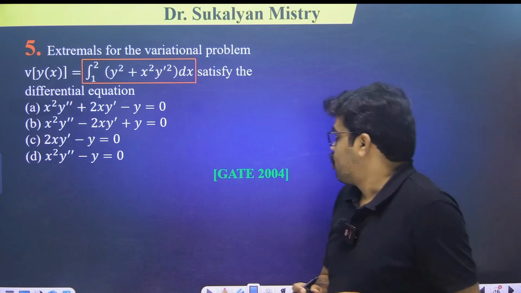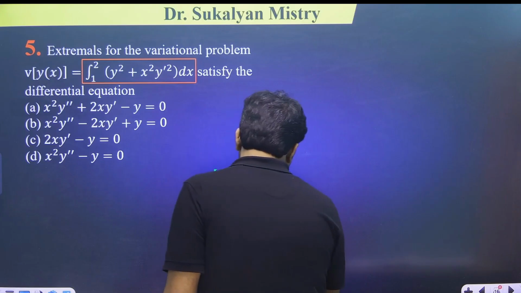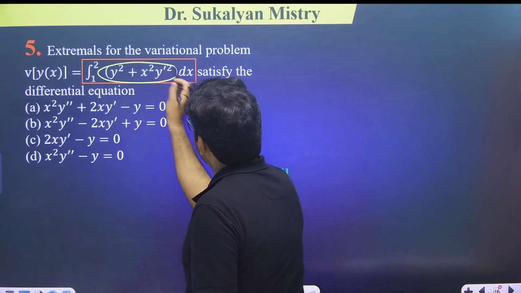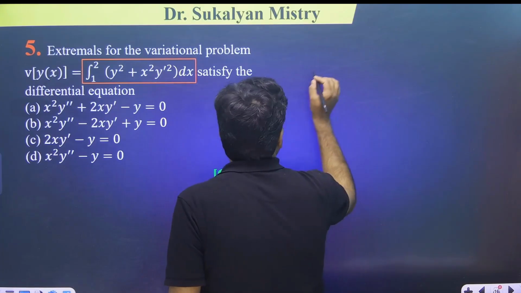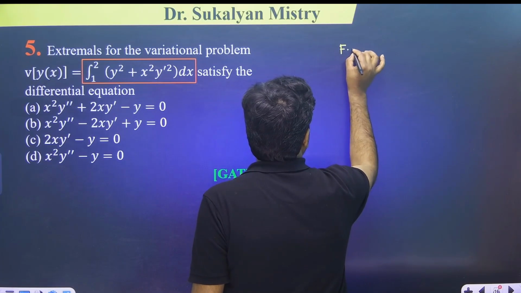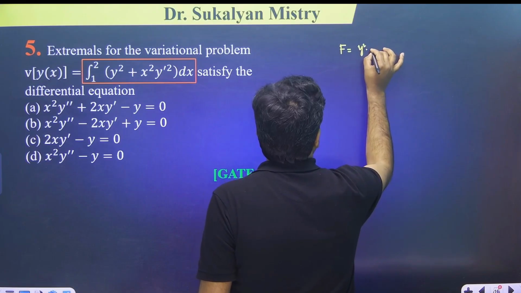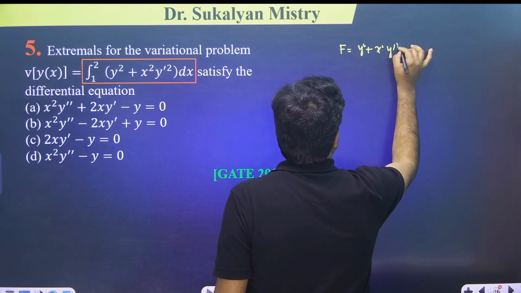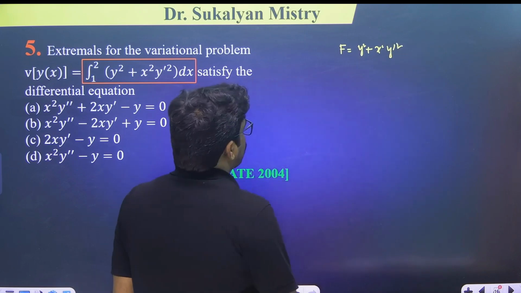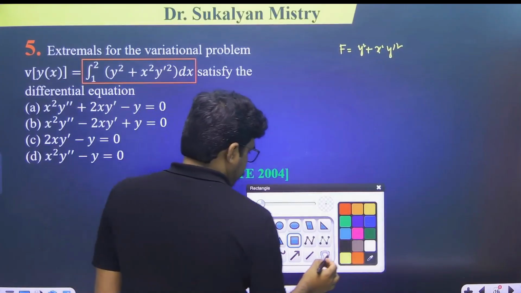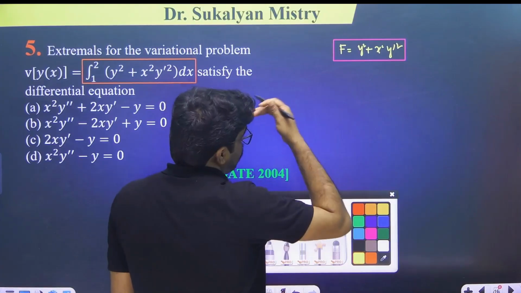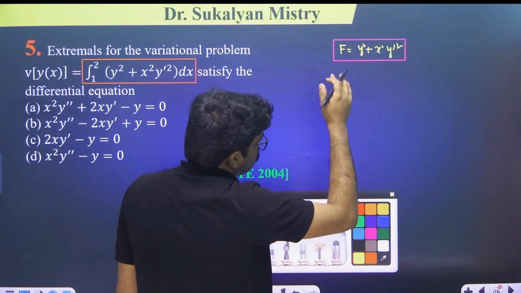Right? Okay, so here what is f? Here f is y² plus x² y'², so this is f. f is a function of x, y as well as y dashed.